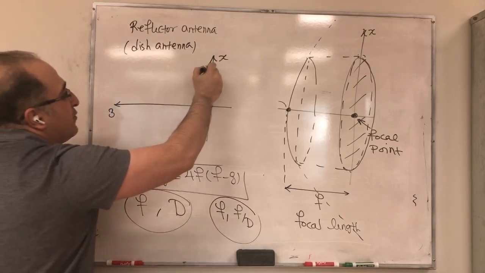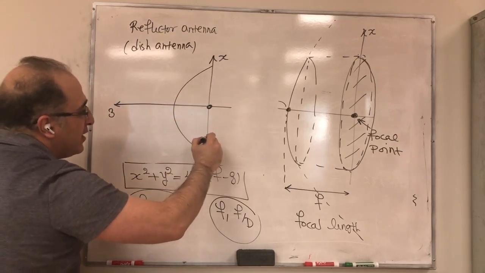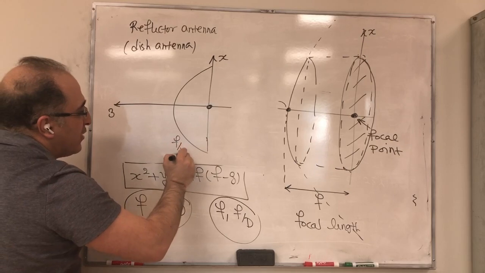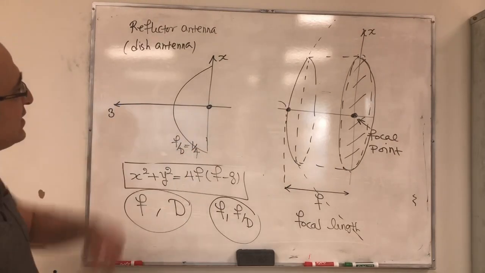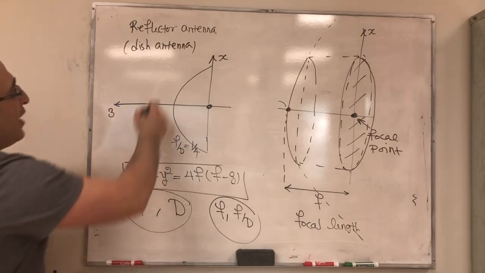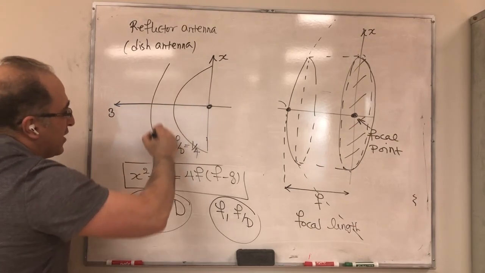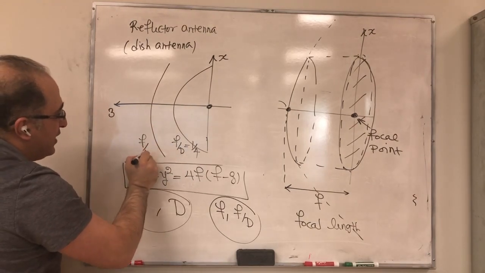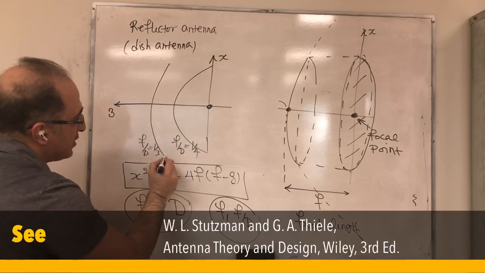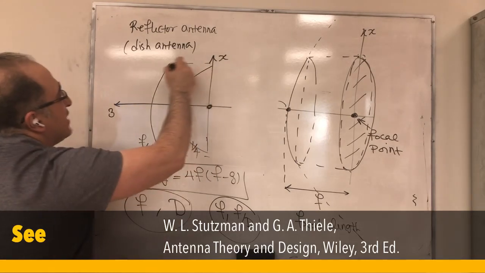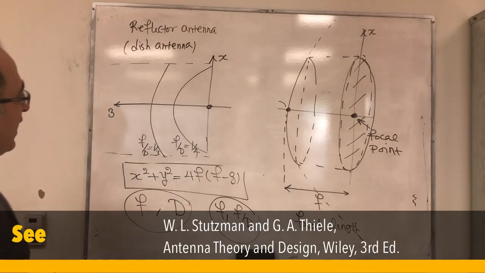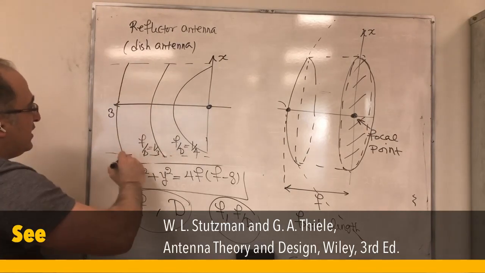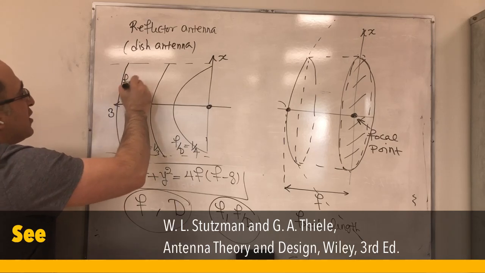Now if f/D is equal to 1 divided by 4, you see that this is going to be my paraboloid. Now, if f/D becomes, for example, 1 divided by 3 for the same diameter, so I'm just keeping the same diameter, this is going to be my paraboloid. And now if f divided by D becomes half, this is going to be my paraboloid.